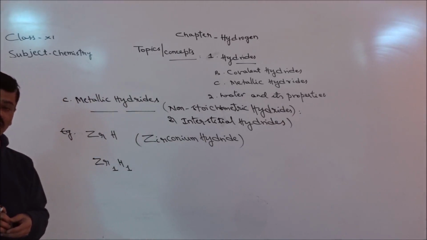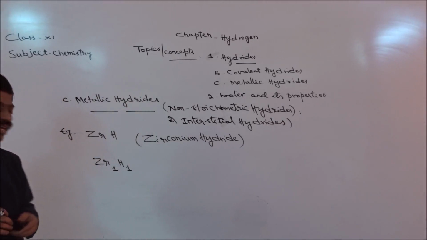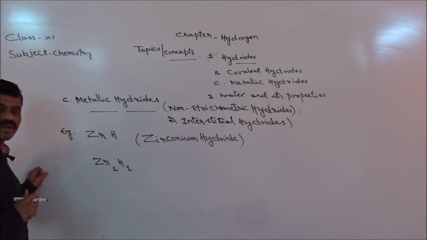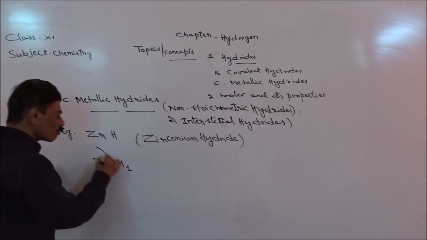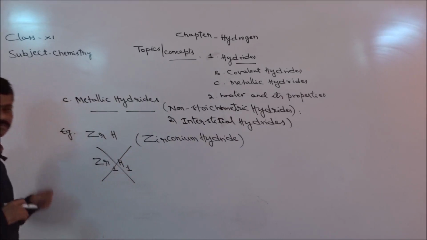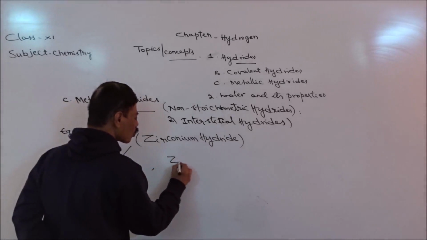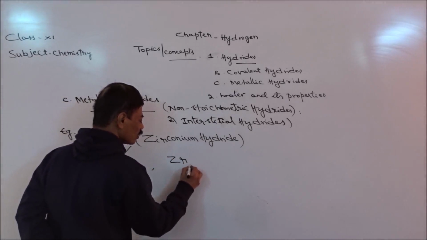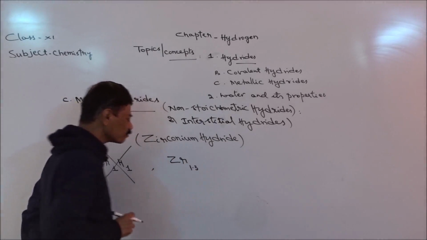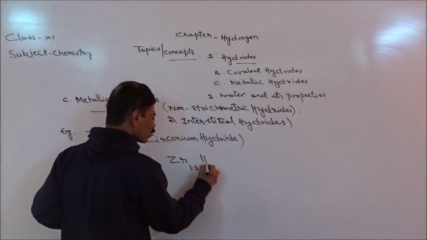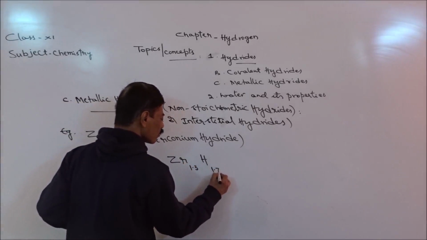But it was found that in zirconium hydride, the ratio of zirconium and hydrogen particles is not equal to 1:1. It was found that zirconium is 1.3 atom, hydrogen is 1.75 atom.